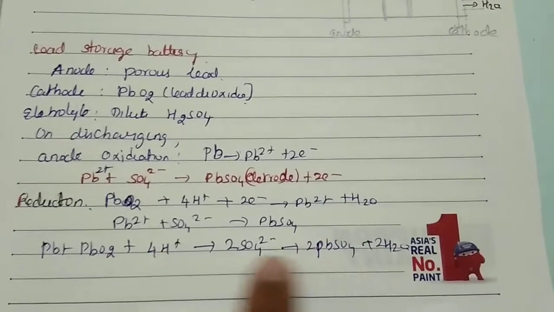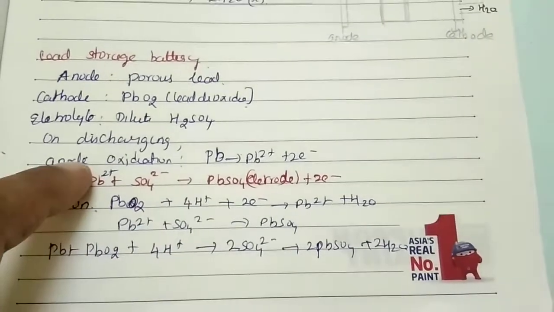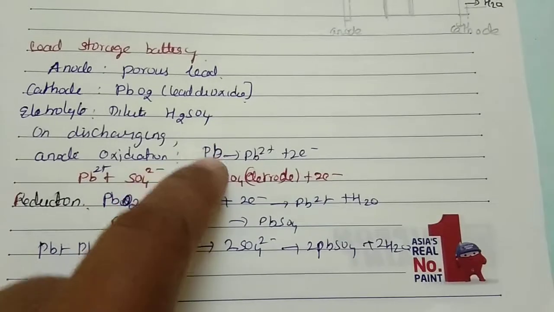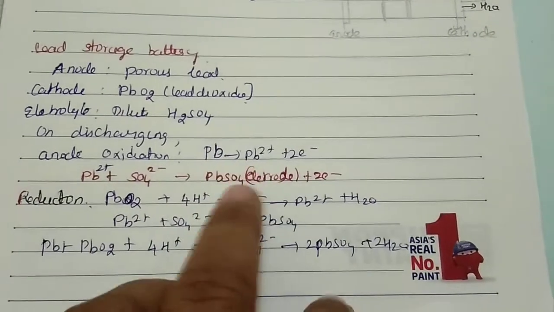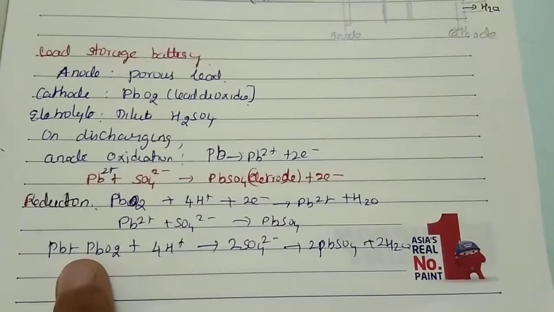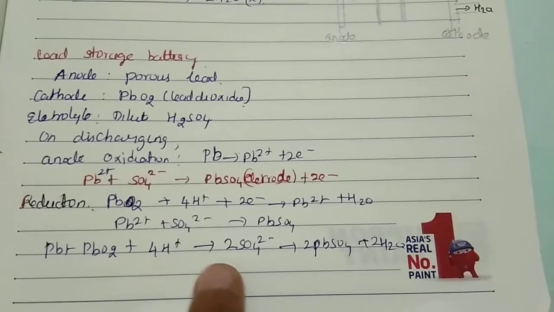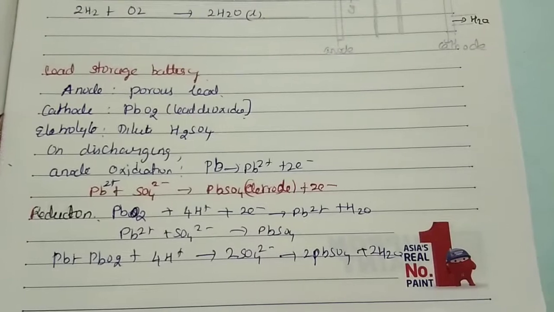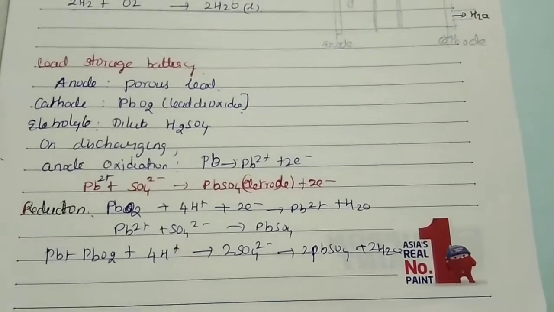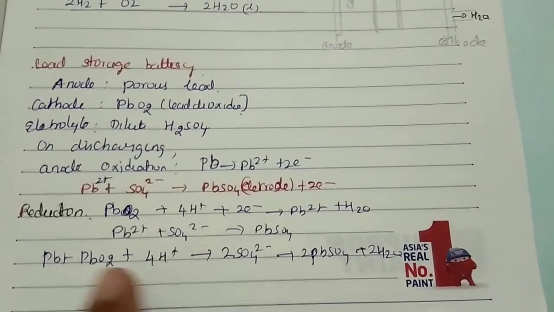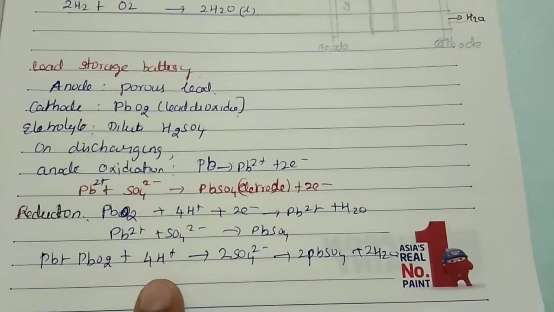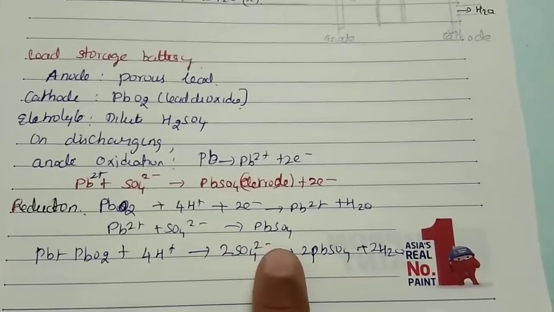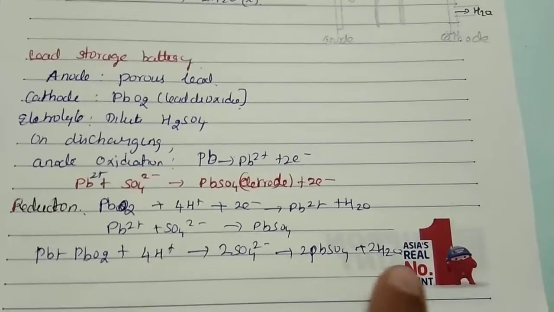So the overall reaction: you have to do cancellation, and you are getting Pb plus PbO2 plus 4H+ plus 2SO4 2- giving 2PbSO4 plus 2H2O.